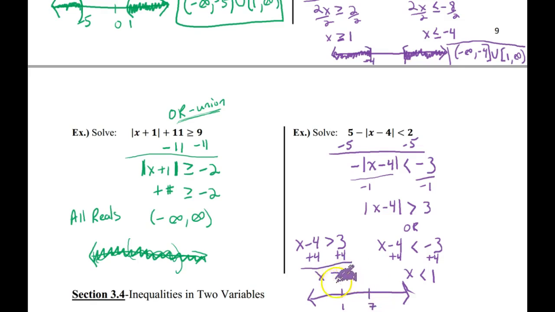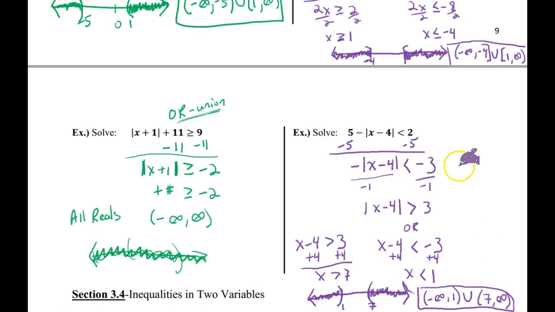Greater than 7, no equal to bar, I'm going to use a parenthesis. Greater than, I shade up. X less than 1, so no equal to bar, I use a parenthesis. Less than, I shade down. And then in interval notation, it's from negative infinity up to positive 1, union, starting at 7 and going up forever. And there's your interval notation.